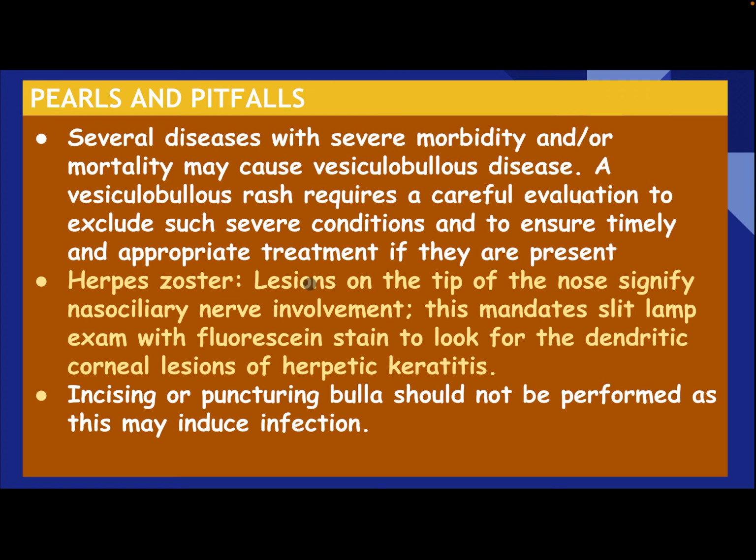Herpes zoster lesions on the tip of the nose signify nasociliary nerve involvement. This mandates a slit lamp exam with a fluorescein stain to look for dendritic corneal lesions of herpetic keratitis. Incision or puncturing of bullae should not be performed as this may induce infection.